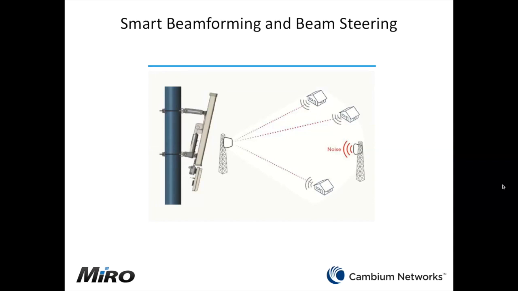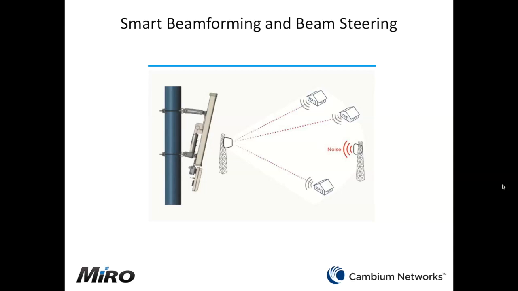What that does is it allows you to map out the most efficient route between your base station and your subscriber module, thereby reducing the chance of you interfering with any neighboring networks. So increasing efficiency, ensuring the highest level of capacity, and mitigating noise.